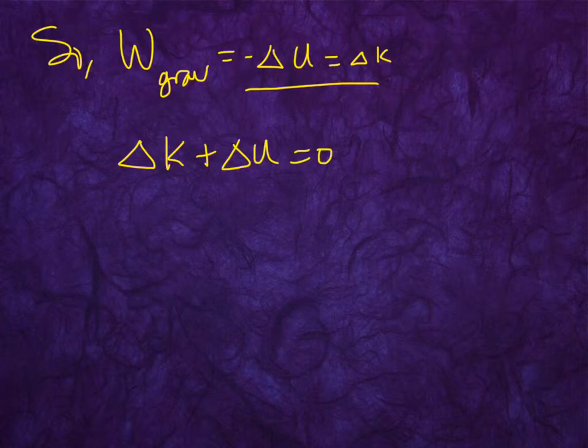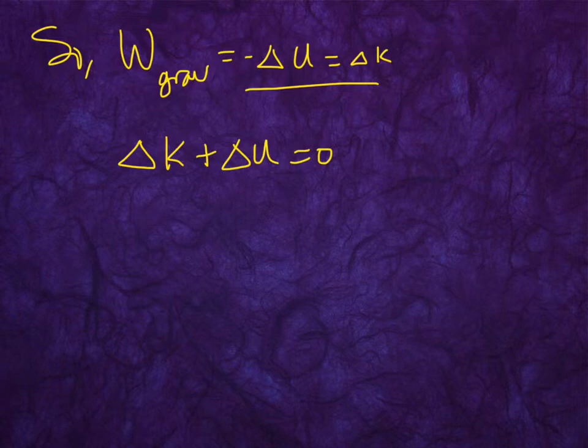But if one of them increases due to gravity, the other one will decrease, to the point where you have no net gain of energy. So if something's happening to it, but our total amount is not changing, our energy is conserved.